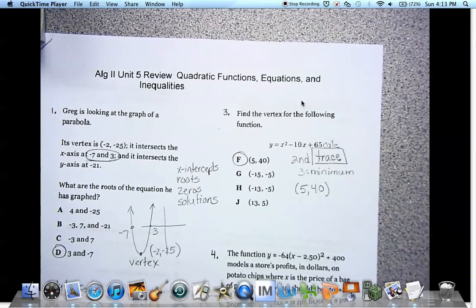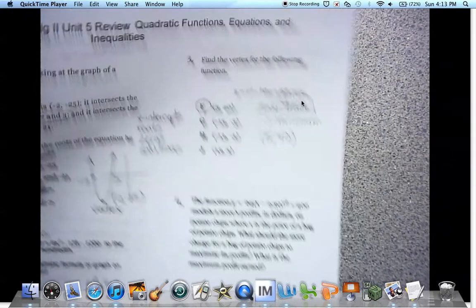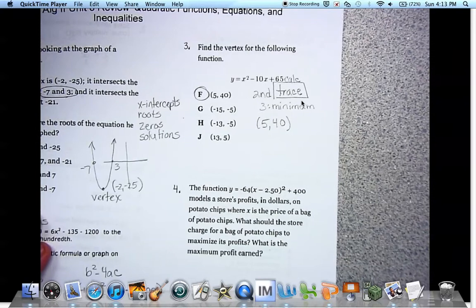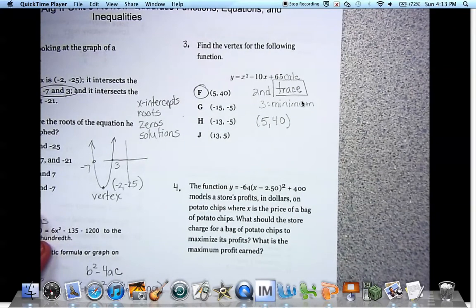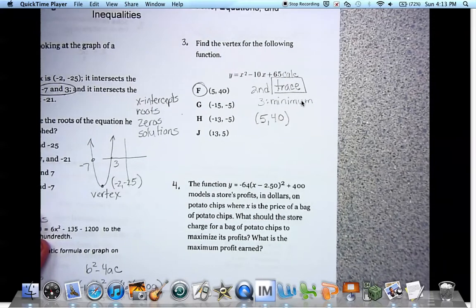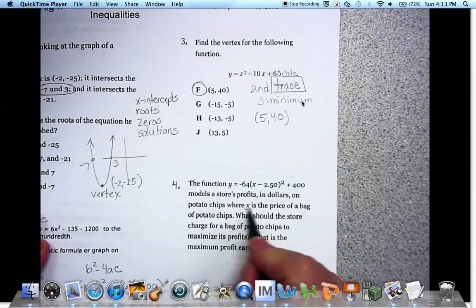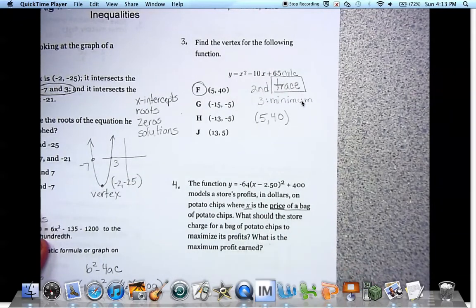Okay. The function y equals negative 64 parentheses x minus 2.5 squared plus 400 models the store's profits in dollars on potato chips, where x is the price of a bag of potato chips. What should the store charge for a bag of potato chips to maximize its profits?